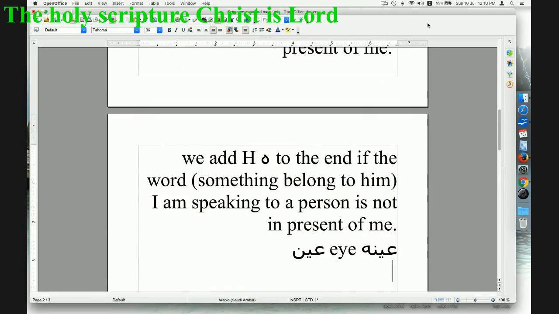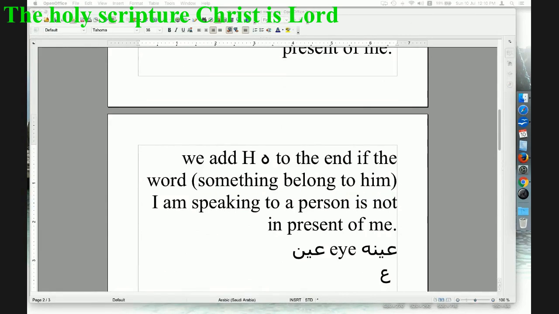What about if it is a female? Ain is the original. In the case of female, and here you need to concentrate with me a little bit, you will notice there's a little bit of difference here. I'm looking at the chat, still nobody's asking questions. I don't know, maybe you have difficulty logging in. I see only one person is there.